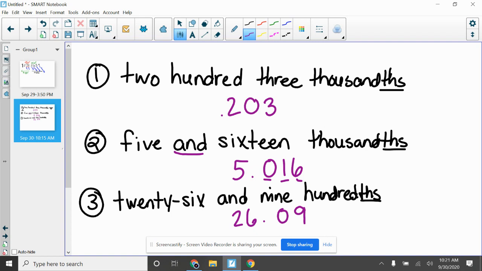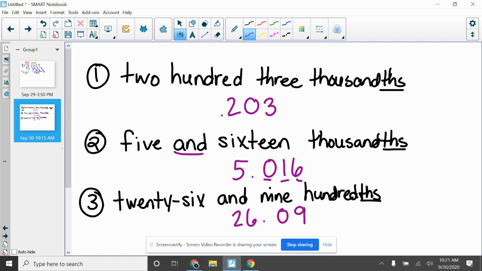Perfect. And that is 26 and 900 thousandths. You can check it because when you look at the number that you wrote, you ask yourself, say that number's name. Does that number's name match the words that you see? 26 and 900 thousandths. Does that match the words? Yes, so we wrote it correctly.